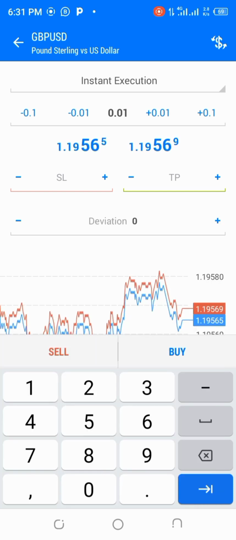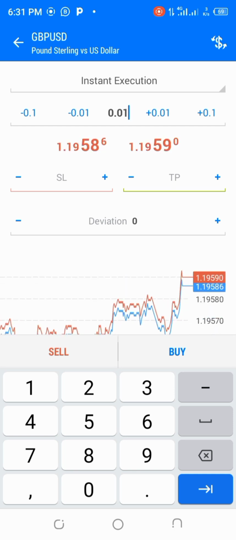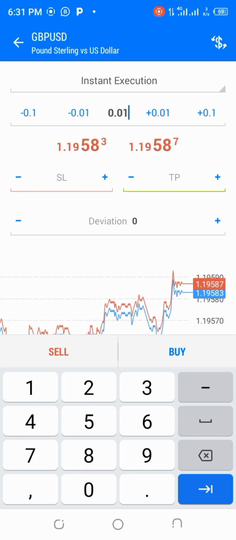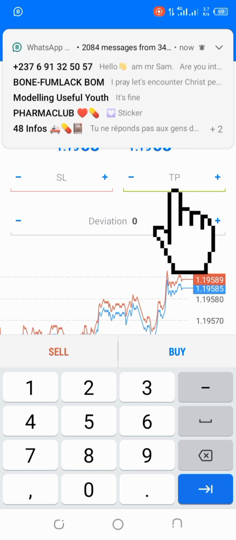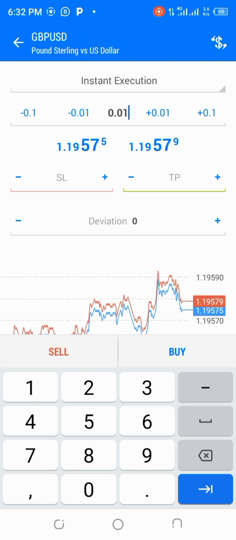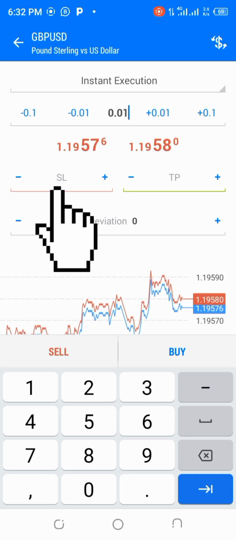One principle you have to know is the concept of stop loss and take profit. Take profit is the maximum amount of points at which you, as a trader, want the broker to automatically take your profit when that particular point is attained, and stop loss is the maximum amount of money you want to lose.